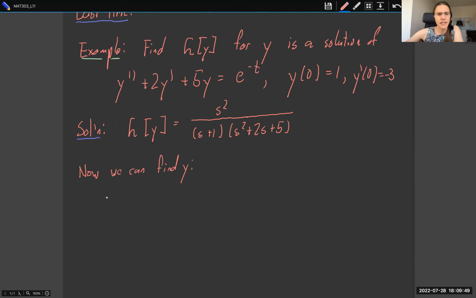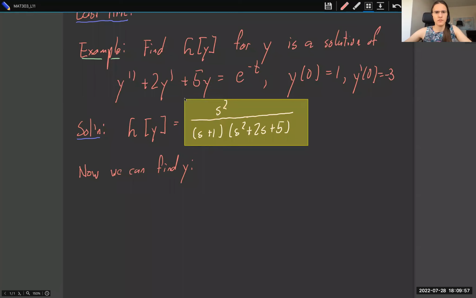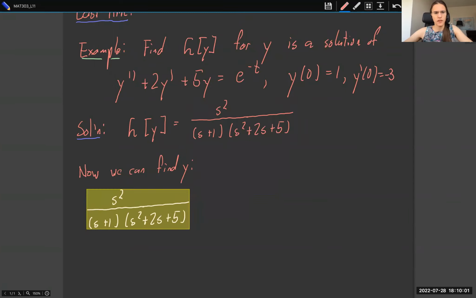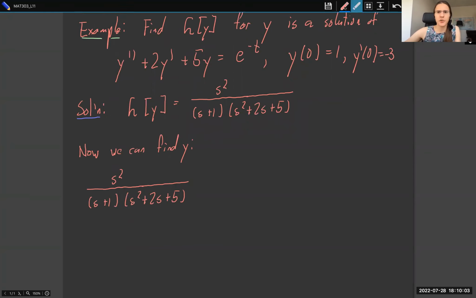And what we have is that we're going to consider this expression s squared plus 2s plus 5, and this expression right here, we can complete the square. And if we complete the square, what do we get?